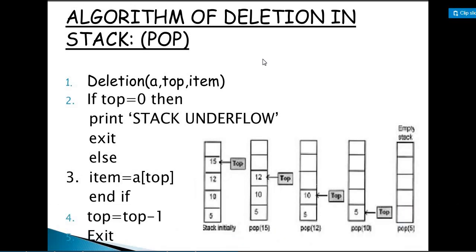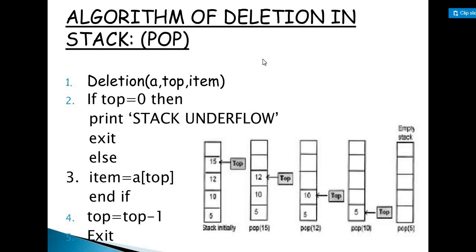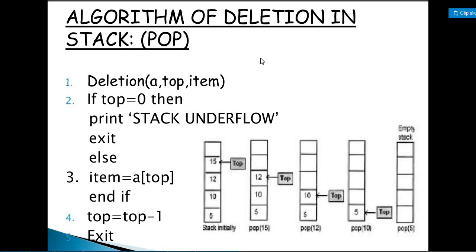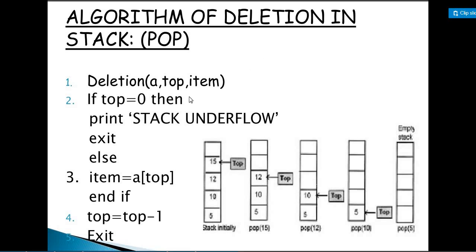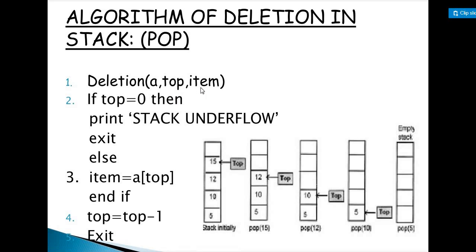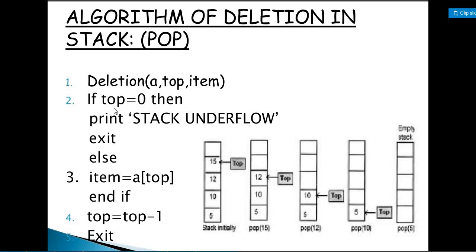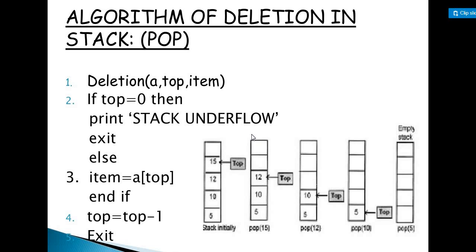The next algorithm is deletion in the stack. This is called the pop operation. Now you have to see the initialization of the values here. So we'll see the top position and the number of elements in the stack here, and you have to check that if top is equal to 0, then the stack performs the underflow operation and will exit and no deletion will be possible.